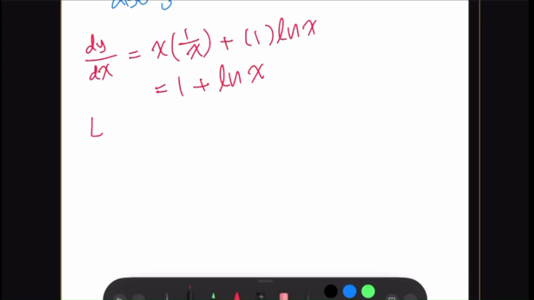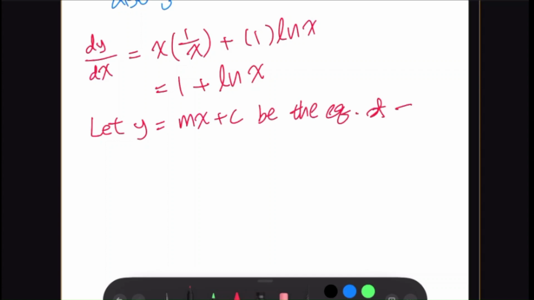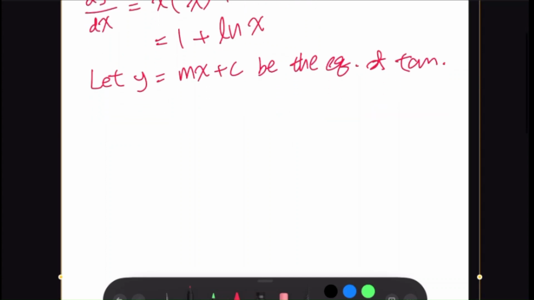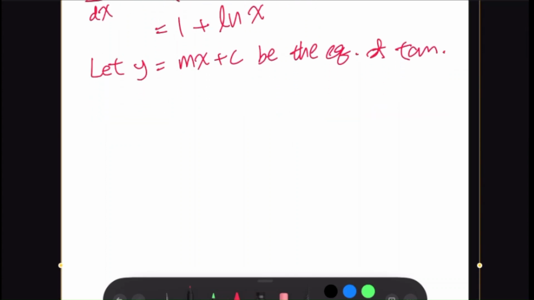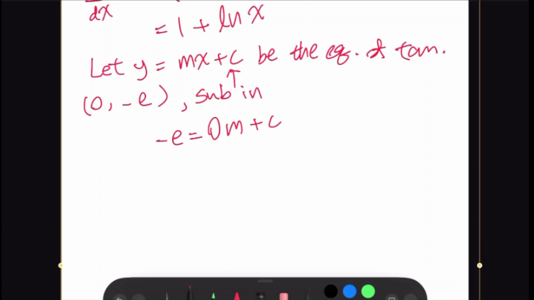So if we let y equals mx plus c be the equation of the tangent, we immediately know because it goes through (0, -e), we can sub in and end up with negative e equals 0m plus c.